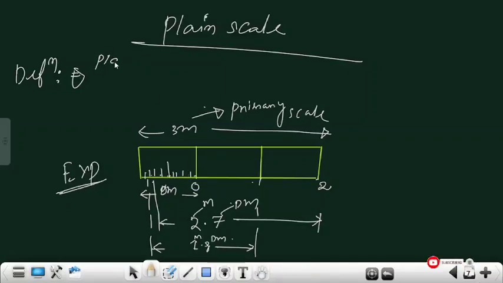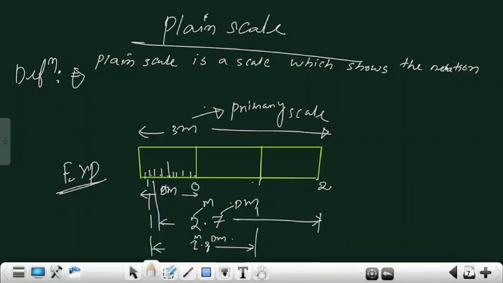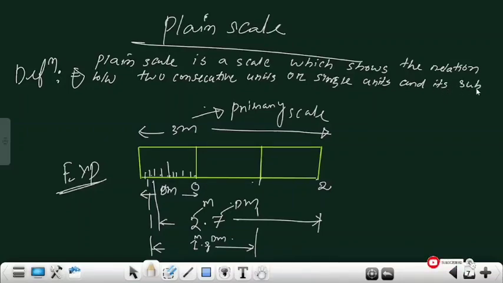Plane scale is a scale which shows the relation between two consecutive units or single units and its subdivision.